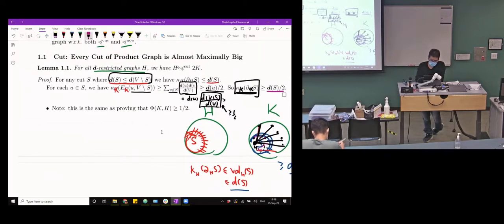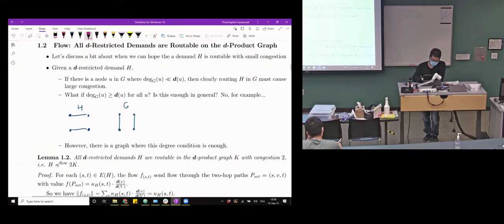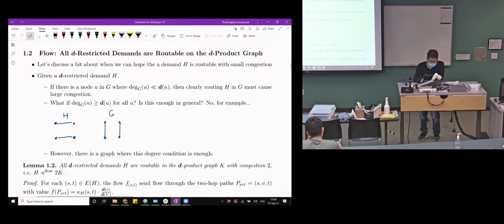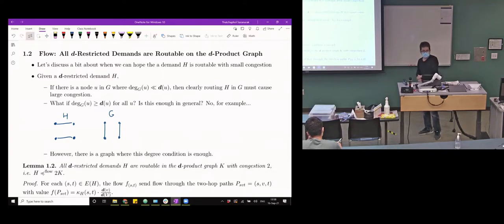I compare H and K, and H is indeed less than K if I give a factor of 2 to K. Okay. All right.